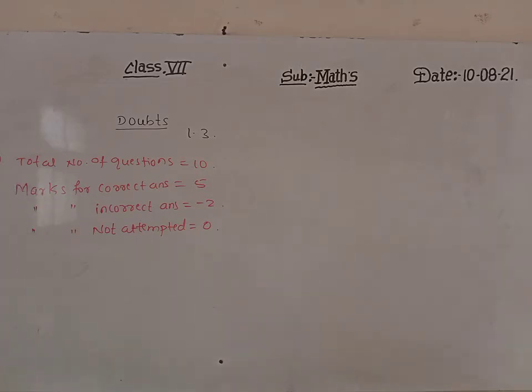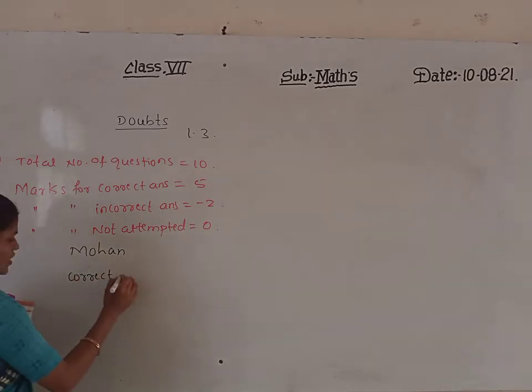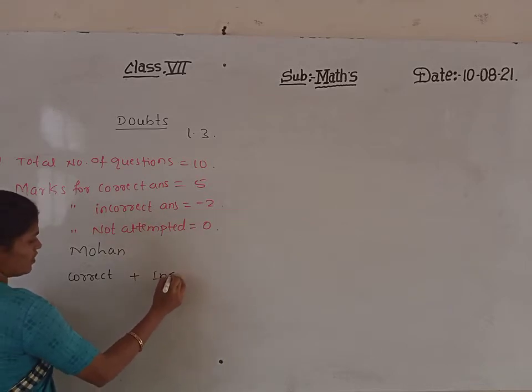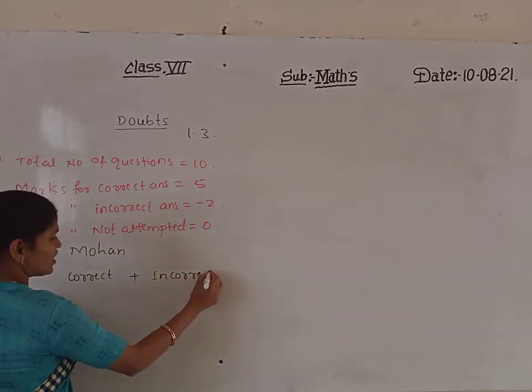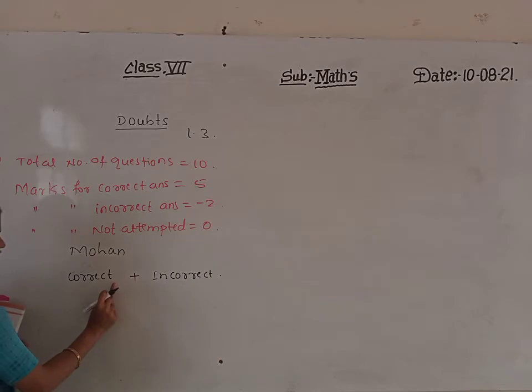So what is the first question? Mohan gets 4 correct answers and 6 incorrect. For 1 correct answer, 5 marks.